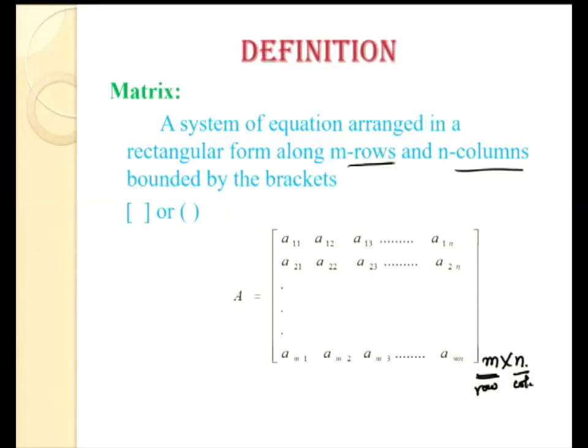There are m rows and n columns, and the way we denote the elements of the matrix follows this suffix notation.